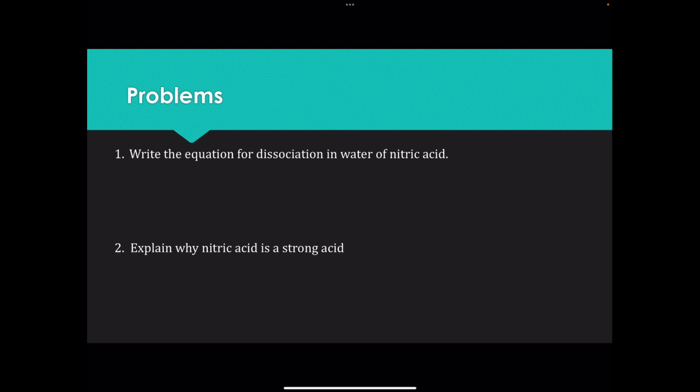So we can take a look at the dissociation in water of nitric acid. Nitric acid was in that list of 6 strong acids. So we would have HNO3. We place it into water. It's an acid, so it's donating a hydrogen to the water molecule, forming hydronium and nitrate. We're using that single arrow. Remember, that single arrow is always indicating complete reaction, or in this case, complete dissociation.